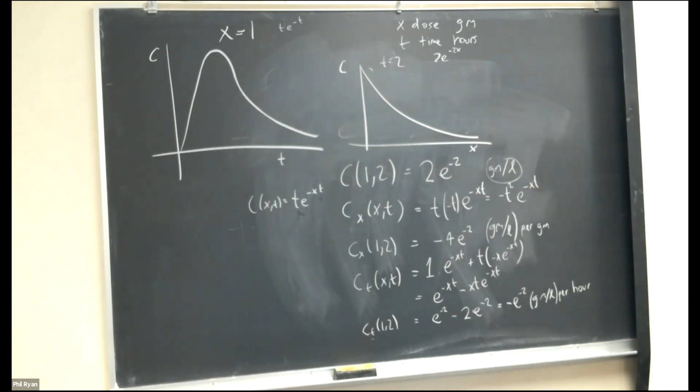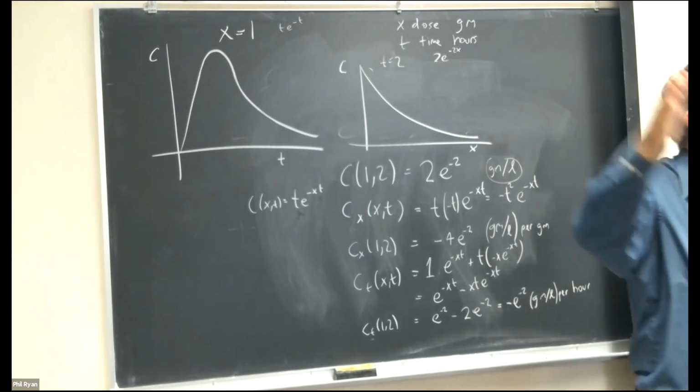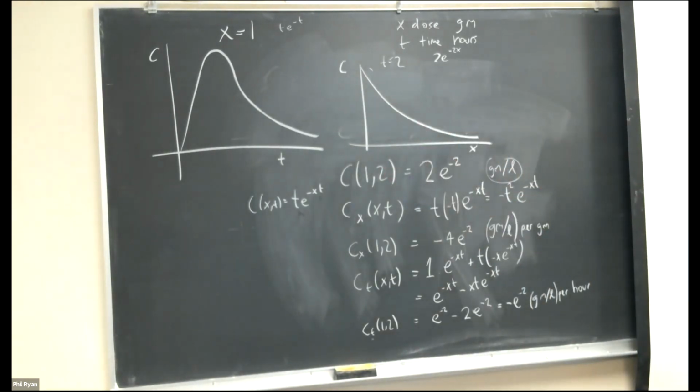So in one direction, we've got a whole bunch of surge functions. In the other direction, we've got a whole bunch of exponential decays. And if you're good in your brain and you can picture things three-dimensionally, you can actually think of this as a landscape.